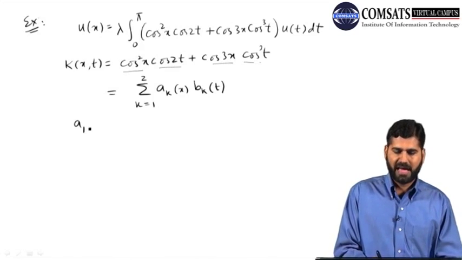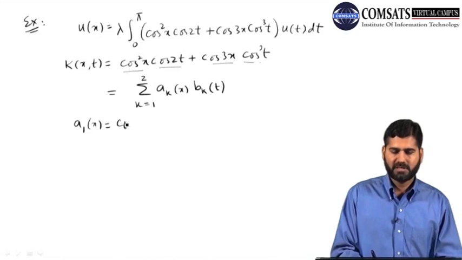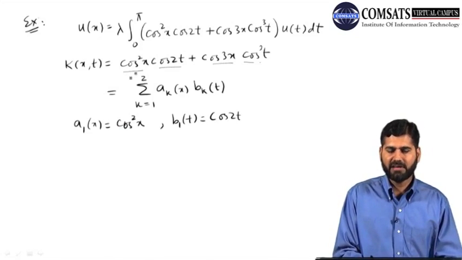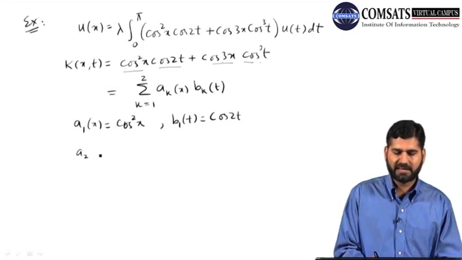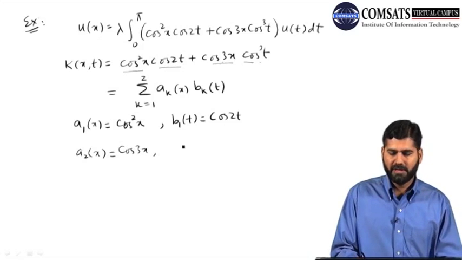So a1(x) is cos square x and b1(t) is cosine 2t. Then a2 is cos 3x and b2(t) is cos cube t.